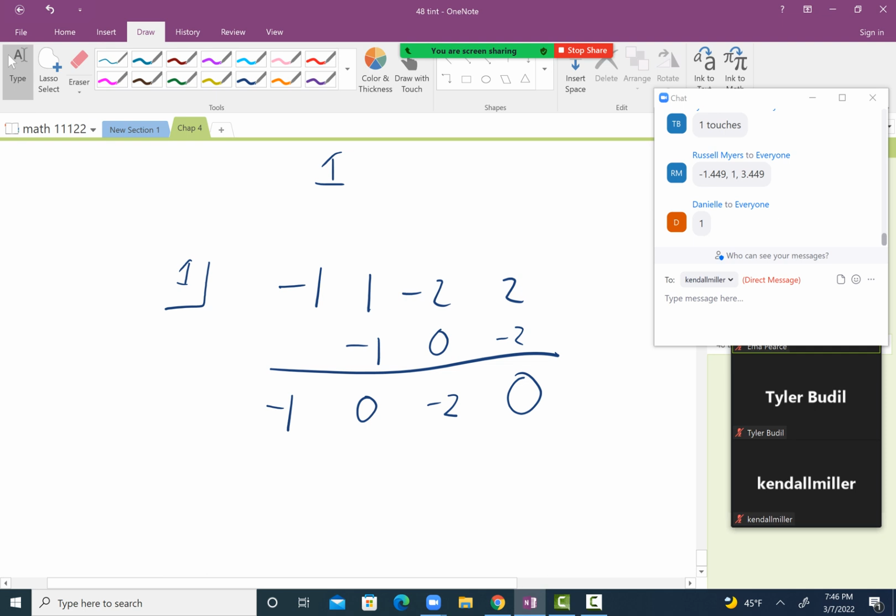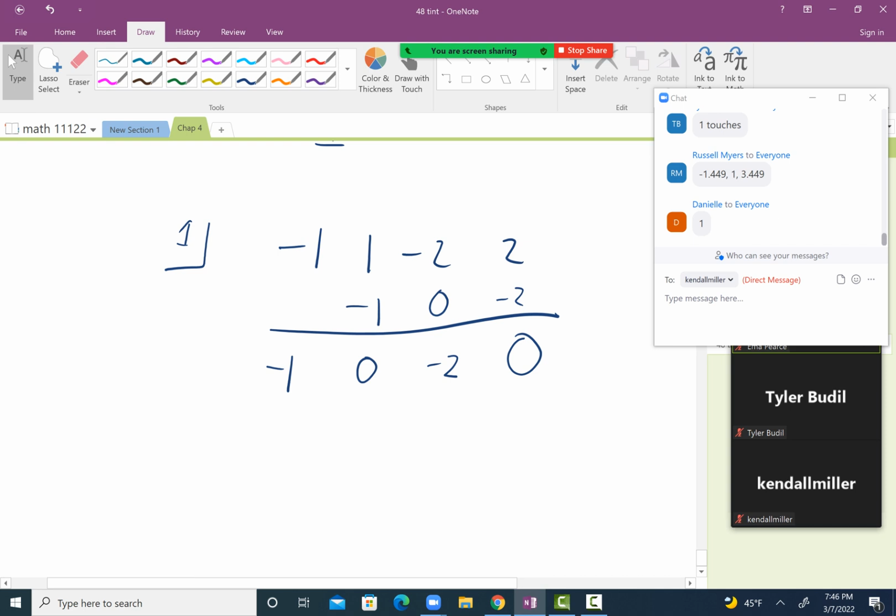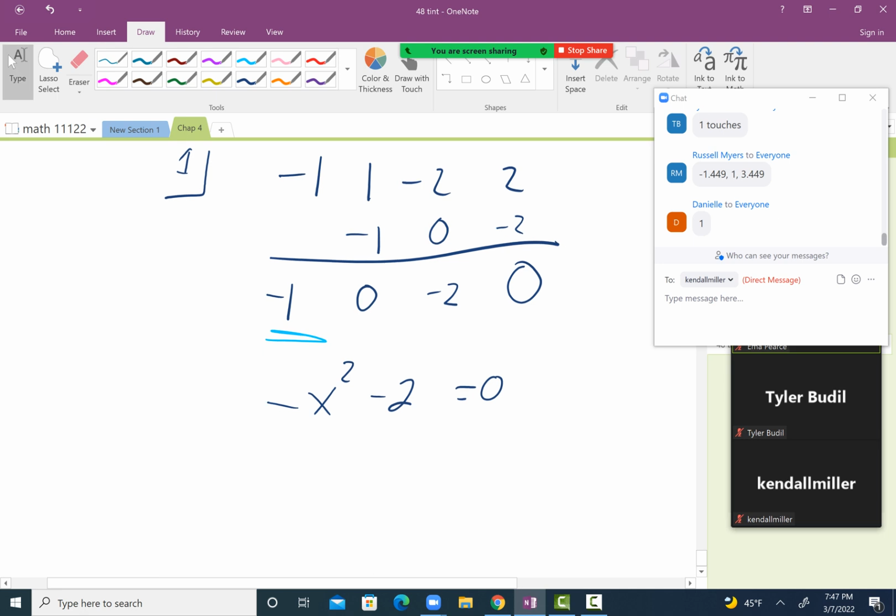So we did this, and now we're left with a quadratic, right? So here's my quadratic here. So negative x squared, I don't have an x, minus 2 equals 0. So what we're going to do is solve this.